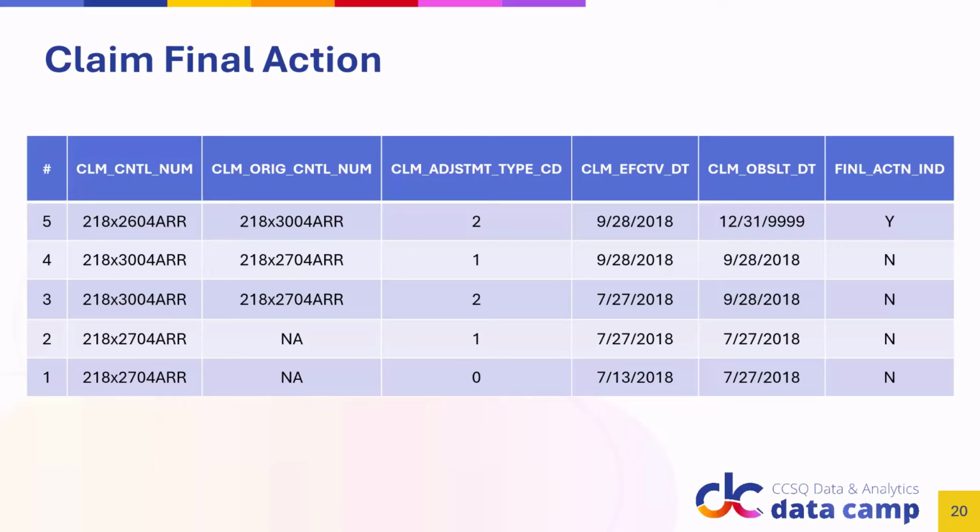And adjustment type code is 1, which means credit adjustment. So the original claim, which is the bottom claim, is no longer final. On the same day, a debit adjustment was received. And that debit adjustment was now final.